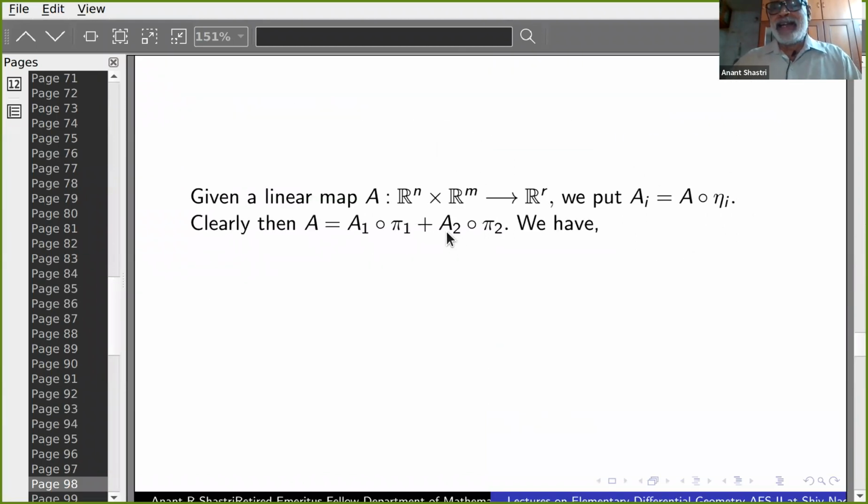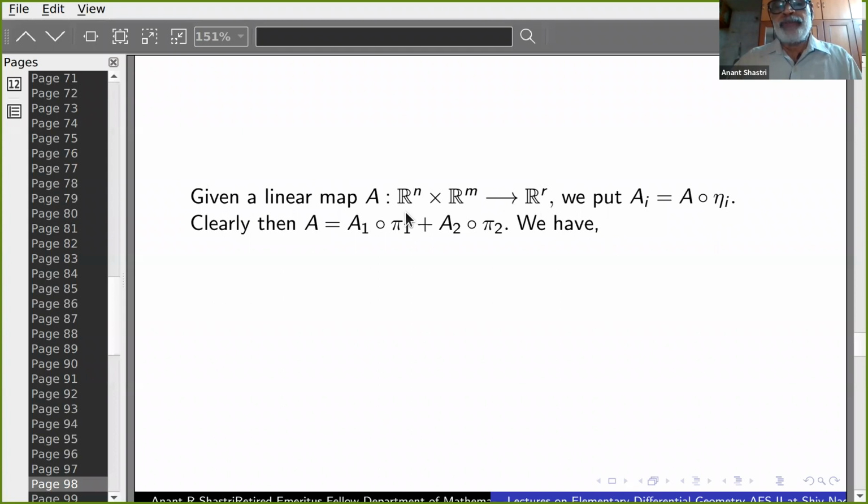Given a linear map from this vector space Rn cross Rm, which is Rn plus m actually, but I want to think of this as a product, to any other R power r. So this is a linear map. I can take the restriction of this by composing with eta i.